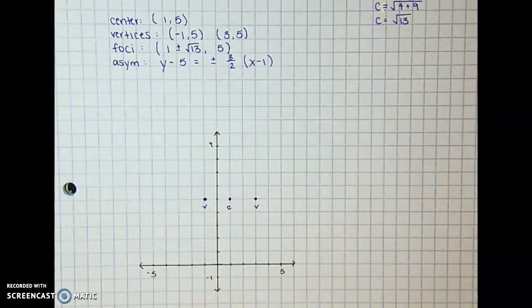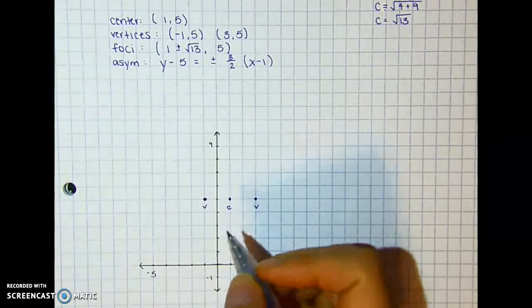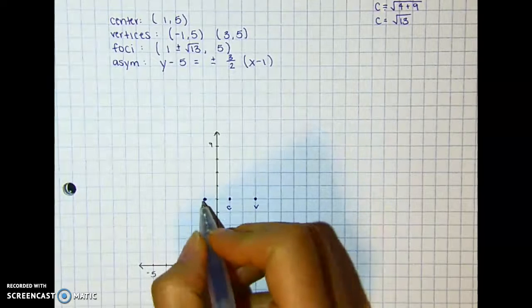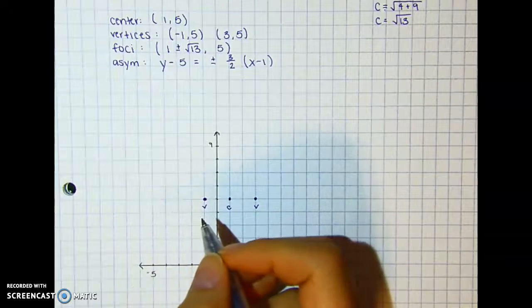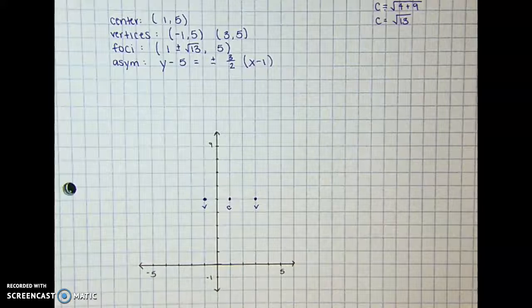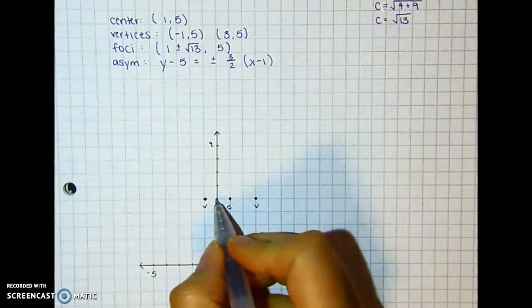So if you want to think about it logically, it's going to be 1 plus a little over 3, because the square root of 9 is 3, and the square root of 16 is 4, and the square root of 13 is in between. So 3 and some change. So over 1, 1, 2, 3, right? Oh, sorry, from the center.